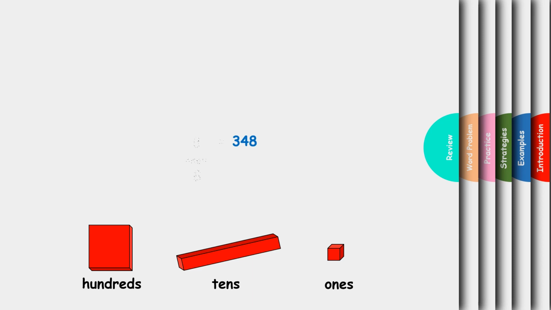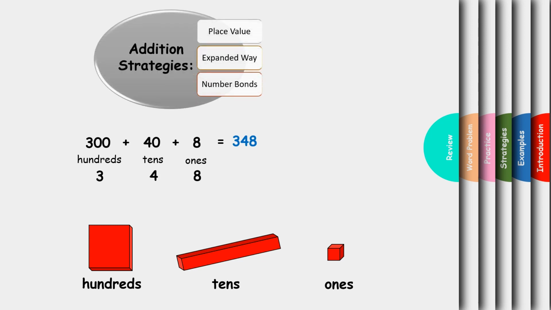The value of the digit 8 is 8. The value of 4 is 40, and the value of 3 is 300. Then lastly, we discussed 3 strategies in adding numbers. These are place value, expanded way, and number bonds.